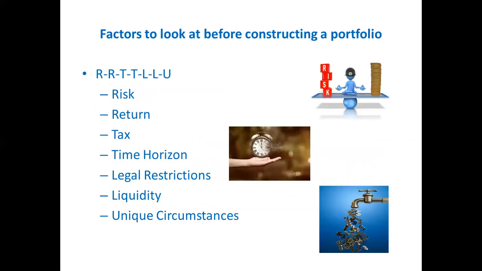Now, what are the major factors that you should look at before constructing a portfolio? There is a very common terminology that I read, which is RRTTLLU. Now, what exactly is this? R stands for risk, the second R stands for return, then tax, time horizon, legal restrictions, liquidity, and unique circumstances.